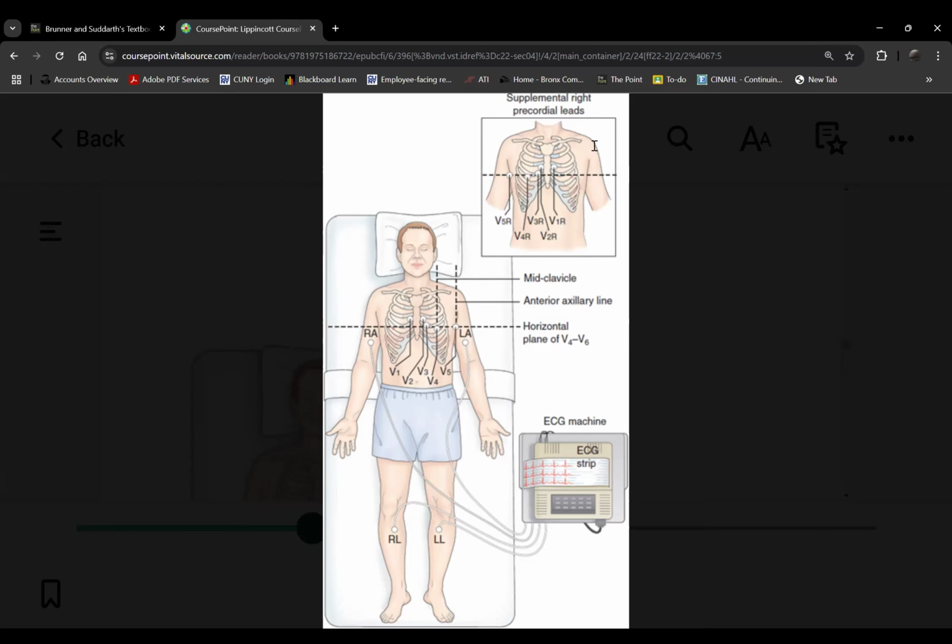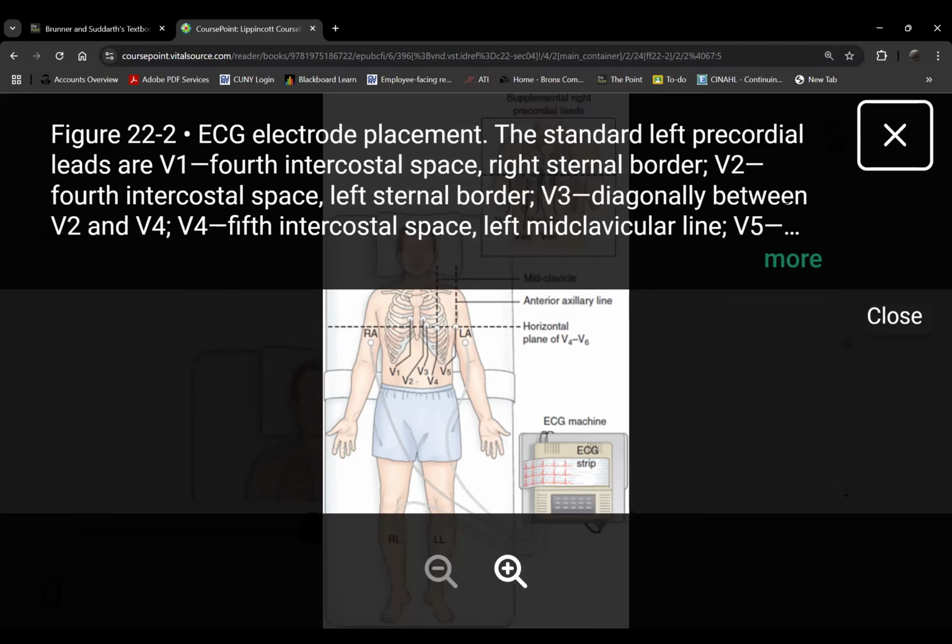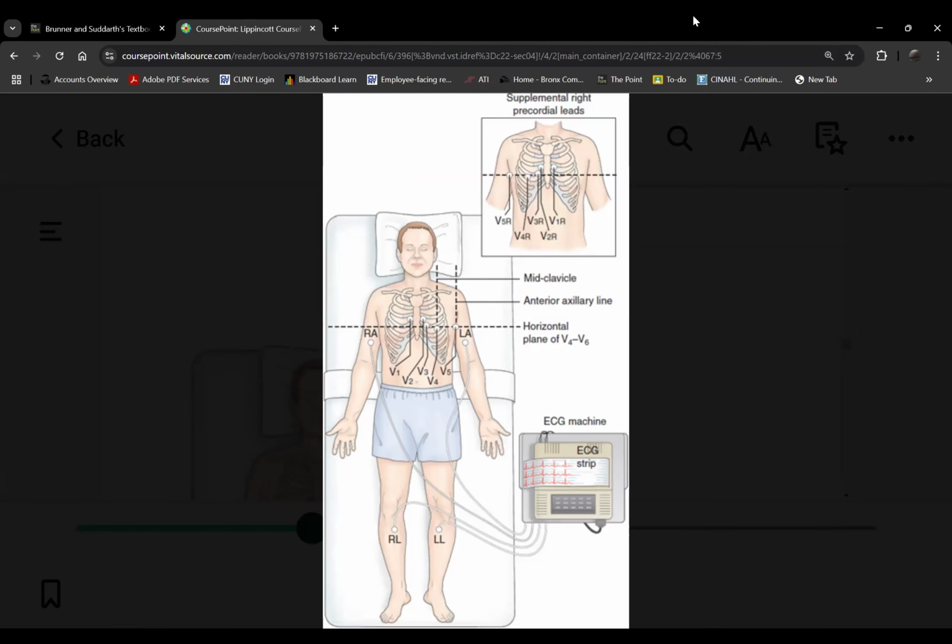The chest leads, there are 6 chest leads. This is the placement of the chest leads. We got V1, V2 will be in the second intercostal space at the sternal border, and then V3 will be on the third intercostal left sternal border, and then 4, 5, and 6 will be between the 4th and 5th all the way.